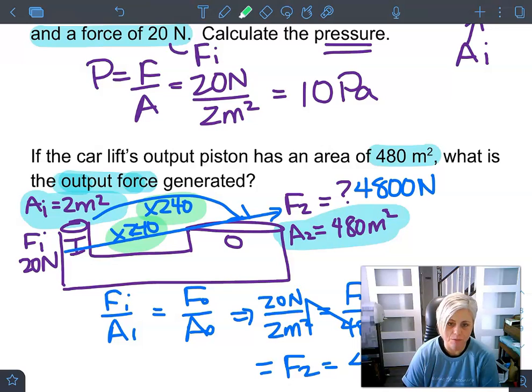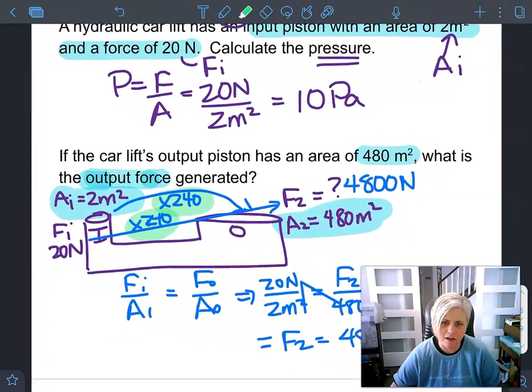That by definition was mechanical advantage that we talked about earlier. If the area increases by 240 times, the force increases by the same amount. If the area increases by 2, the force increases by 2, and the mechanical advantage is 2. That's the connection here between the forces and area.